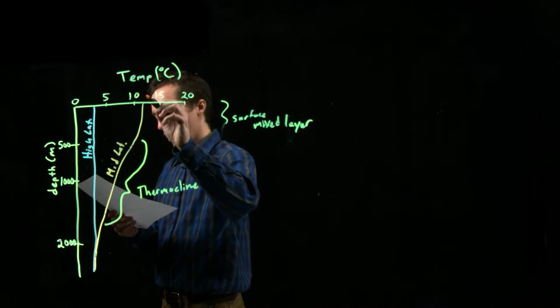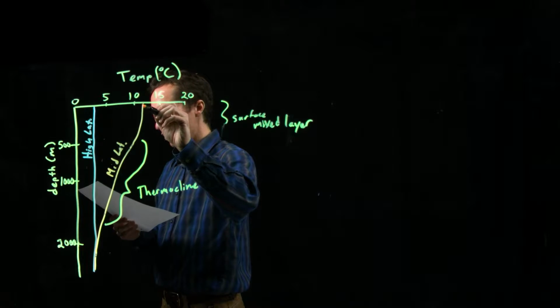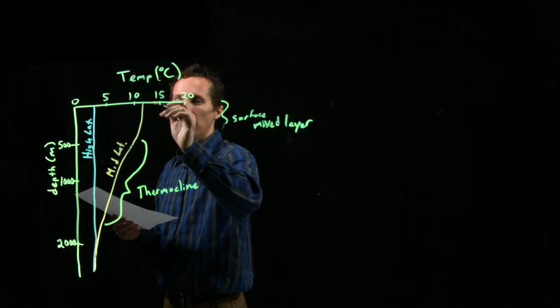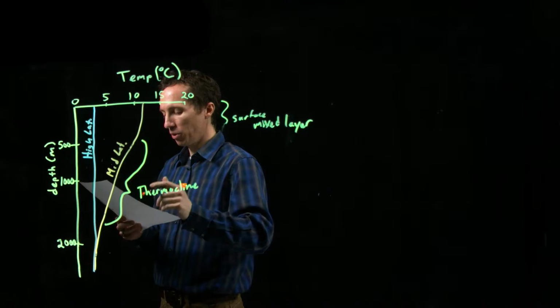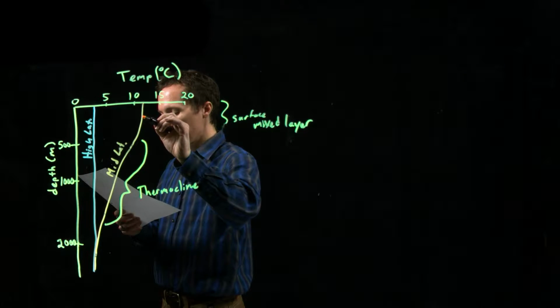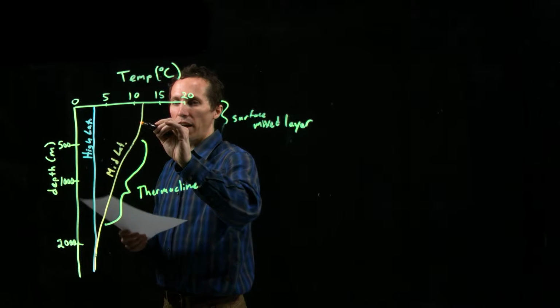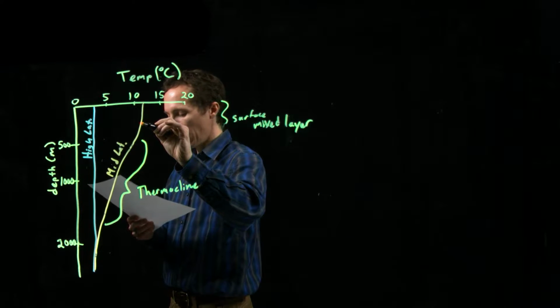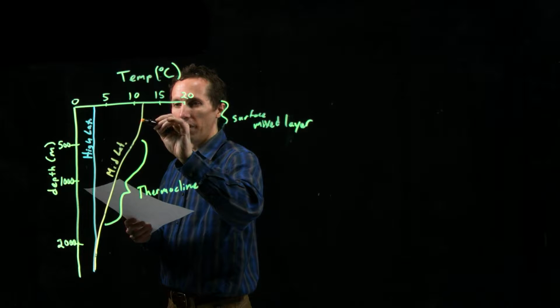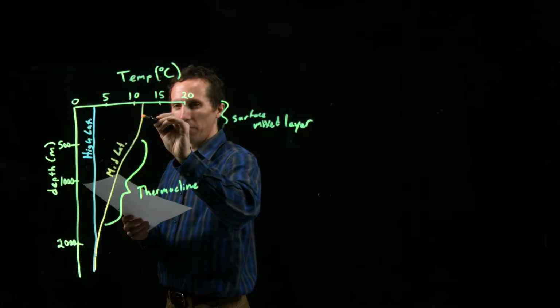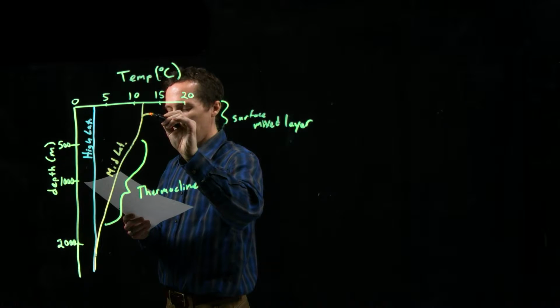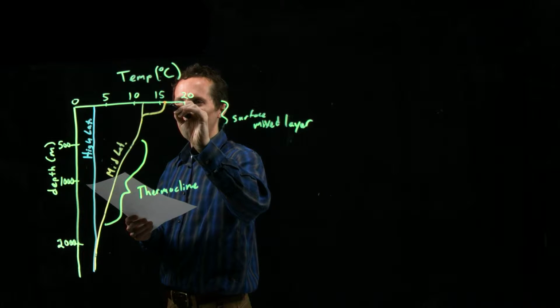So in the winter, surface temperatures might be just above 10 degrees in the mid-latitudes, for example. And then in the summertime, we start to get stratification. What that means is that this surface layer above the thermocline actually increases in temperature.